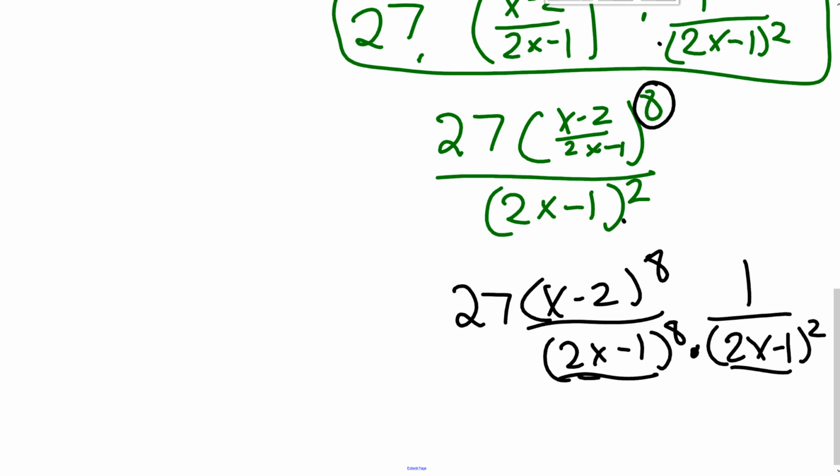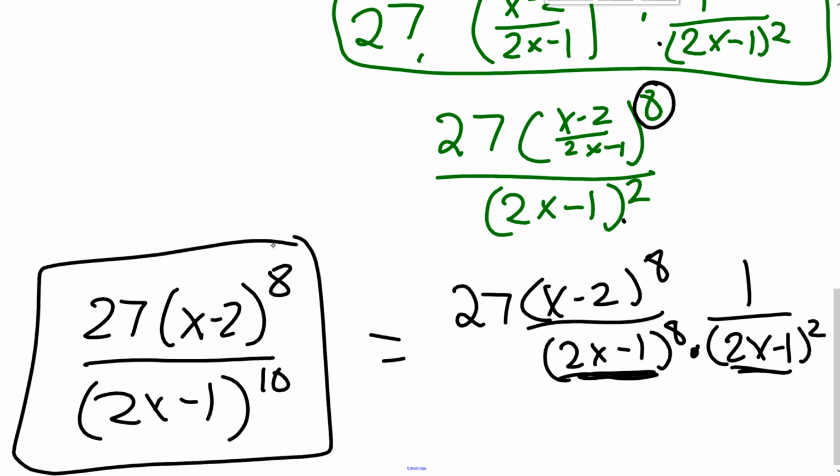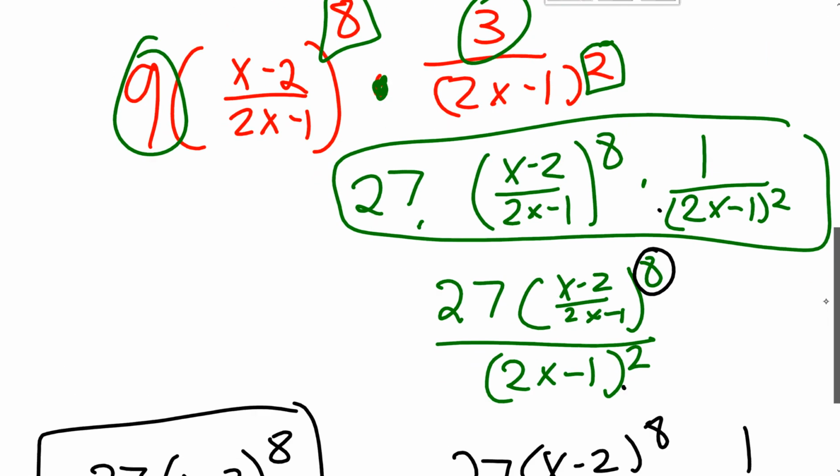And now when I multiply the same base, I add exponents. So this is probably what they actually have in the back of the book, because we can combine these two factors right here to 10 on bottom. So that's probably why they go this far, because anytime you have same factors and you're multiplying, you add exponents.